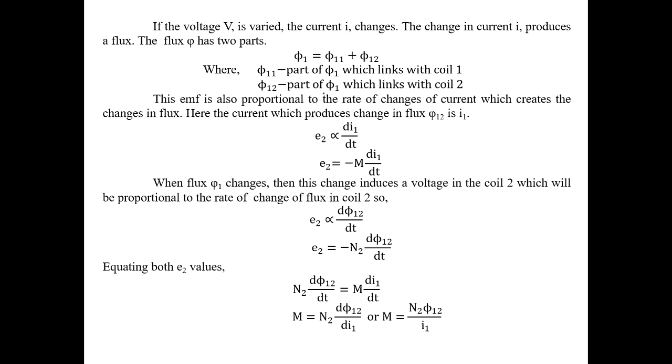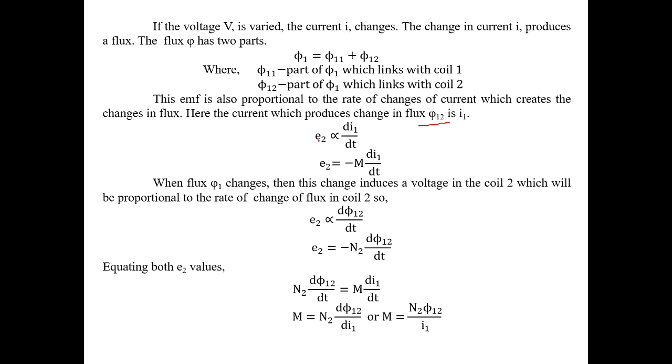Phi 12 is the part of phi 1 which links with coil 2. This EMF is also proportional to the rate of change of current which creates the change in flux. Here the current which produces the change in flux phi 12 is I1.